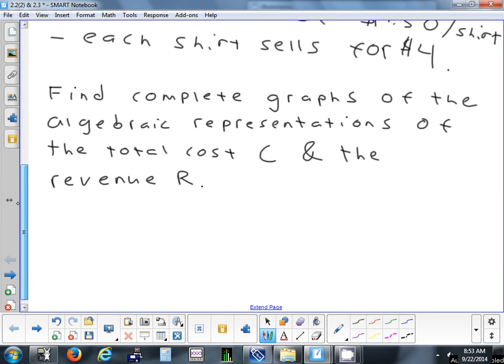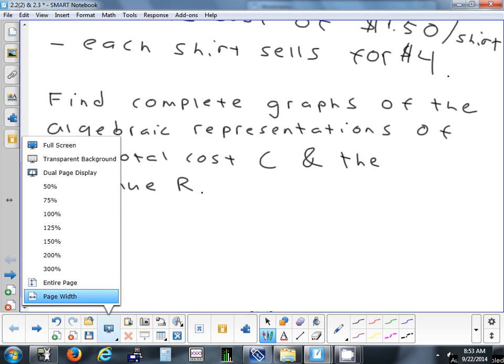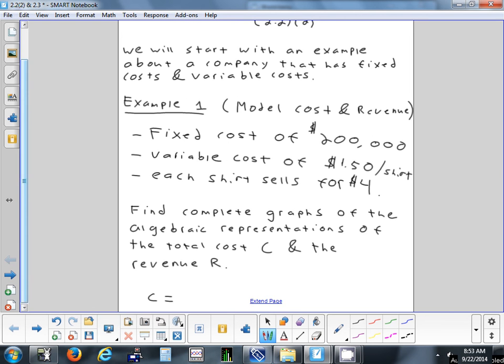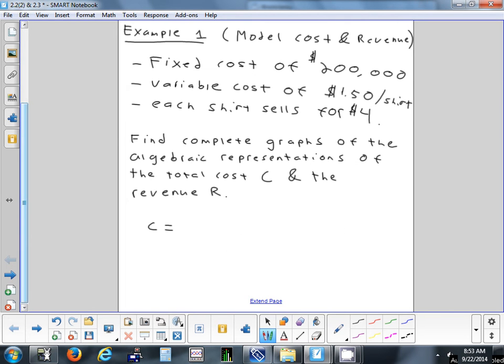Okay, let's start with our costs. What would be an equation here that represents the cost for this company? And we might need a variable depending on how many shirts they make.